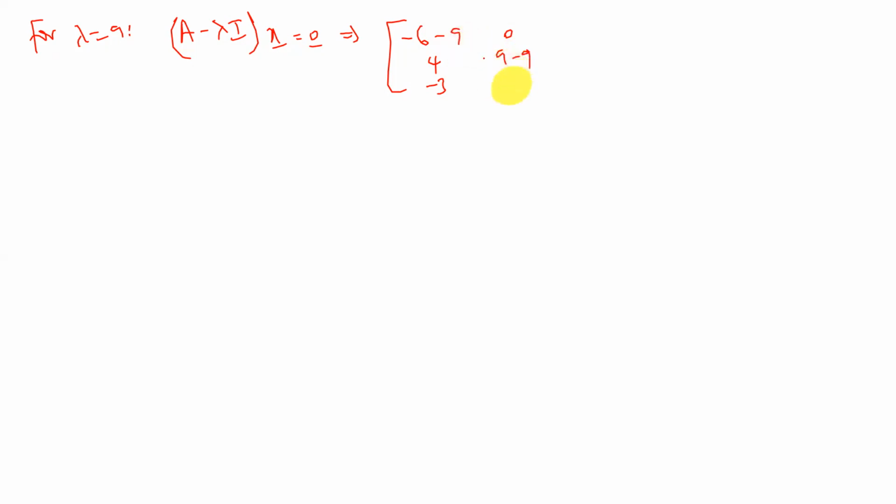So you just subtract 9 from each of the diagonal entries. x1, x2, x3.